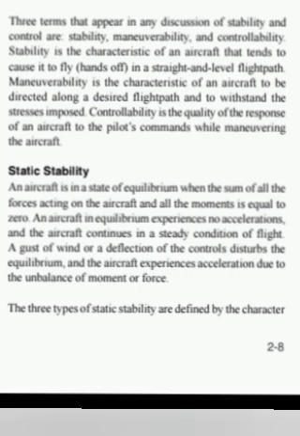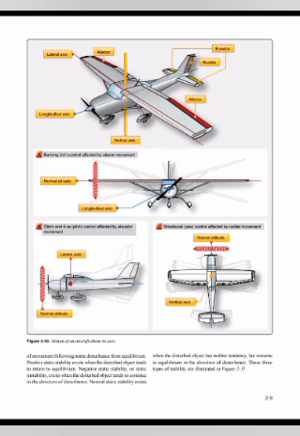Three types of static stability are defined by the character of movement following some disturbance of equilibrium. Positive static stability exists when the disturbed object tends to return to equilibrium.